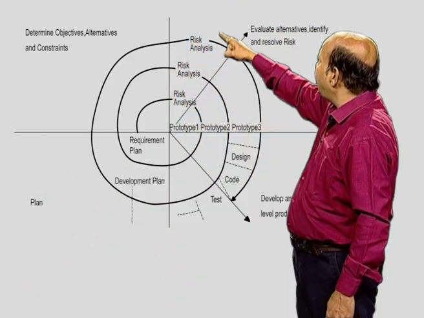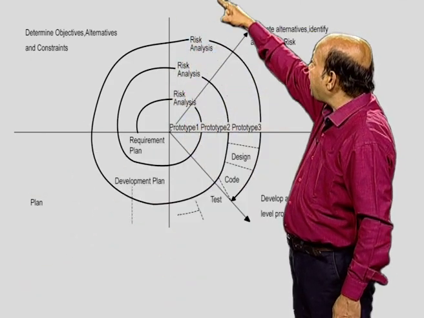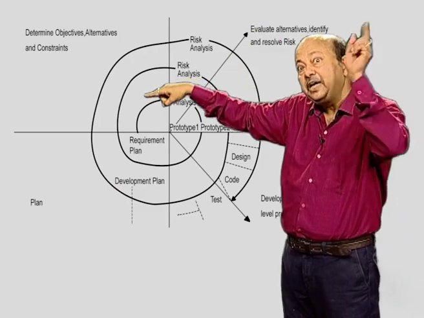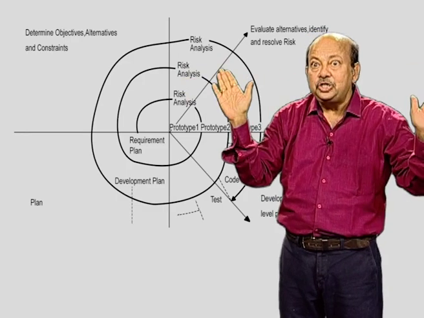Then they go for another spiral, and another spiral, and they continue all the steps again and again. All steps are independent of each other, there is no correlation between the steps, they are not dependent on each other. That is why people have a lot of freedom, that whatever I am doing is independent of what I did last and independent of what I am going to do next. So, the risk is reduced.